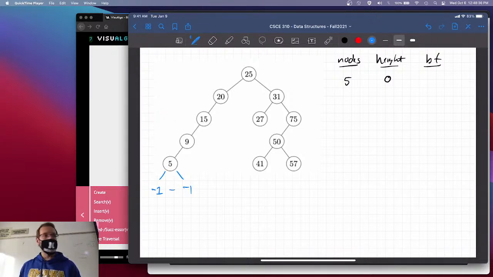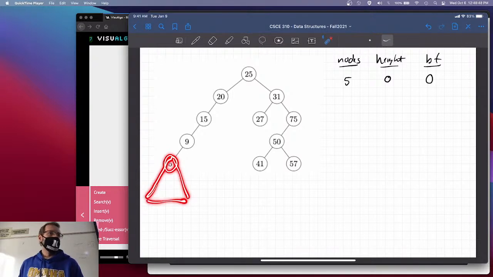So if you take the difference between these two, what do you get? 0. And that makes sense, because this is a perfectly balanced node. If you just look at this one node and its entire subtree, it's a single-node tree. You can't get any more balanced than that by definition.